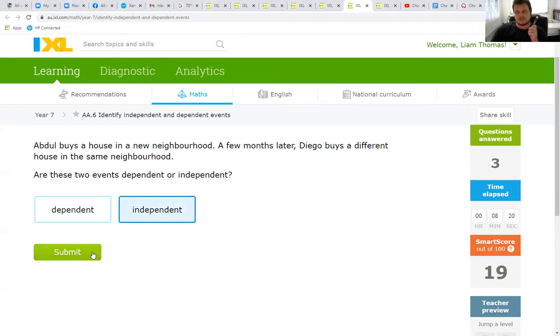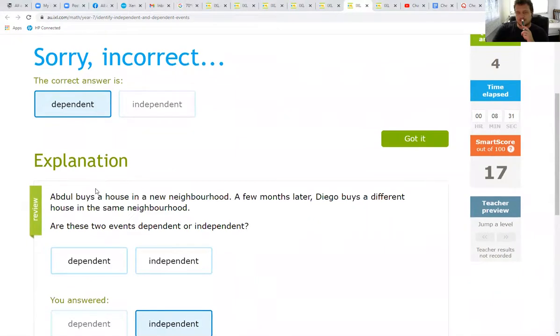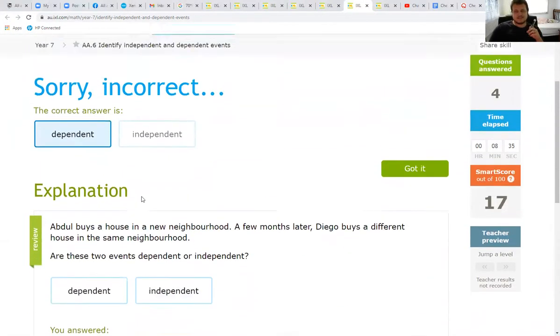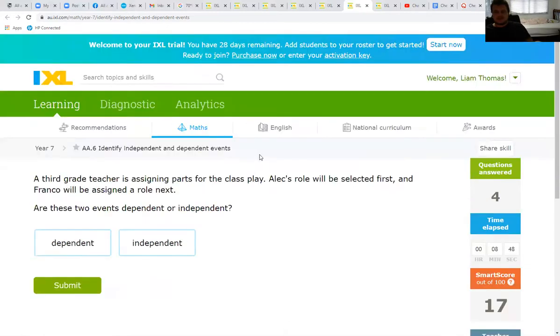So does Abdul buying a house in the area affect Diego buying? So the reason that there's a bit of a confusing, tricky, annoying question is that Diego only bought the house in the area because Abdul did. That's an annoying one, I don't like that.